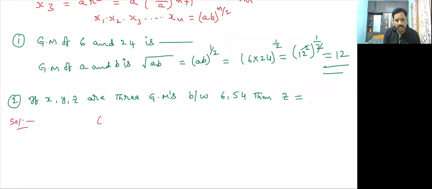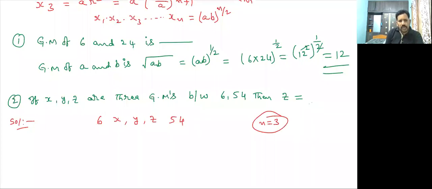Here in between 6 and 54 there are three geometric means x, y, z. How many geometric means are there? N is equal to 3. 3 geometric means.